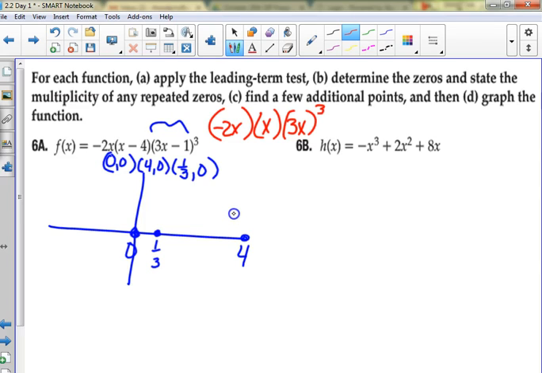So what's the highest degree going to be? If we just worry about the x's, we'd have x to the 3rd times an x times an x, which is an x to the 5th. I really don't care what the leading coefficient is. 3 to the 3rd is actually what? 27 times -2 is -54. All I really care about is that it's what? Negative.